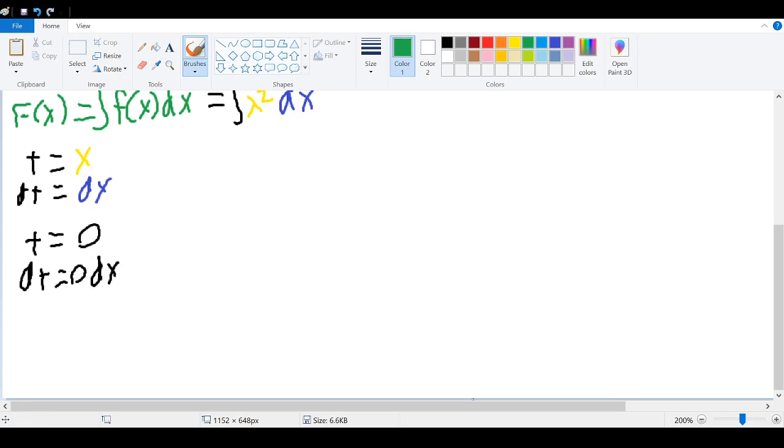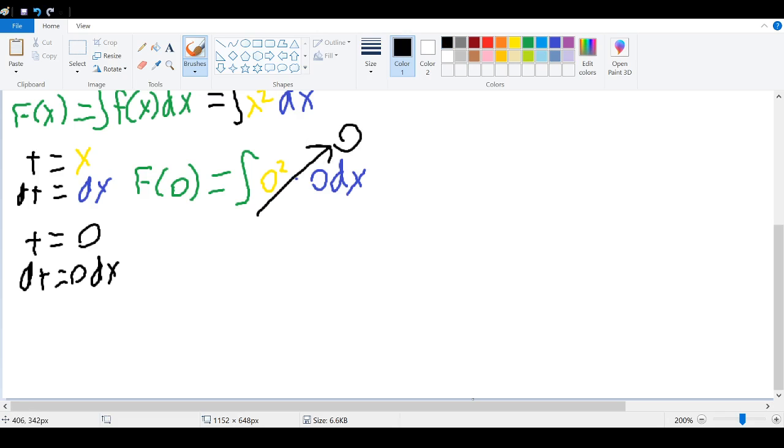Right, so now capital F of 0 is equal to the integral of 0 squared times 0 dx. And now this is 0 because we can pull out the constant 0. All of this becomes 0.